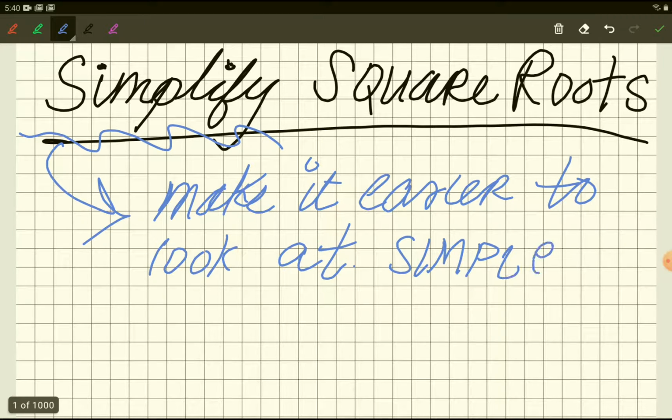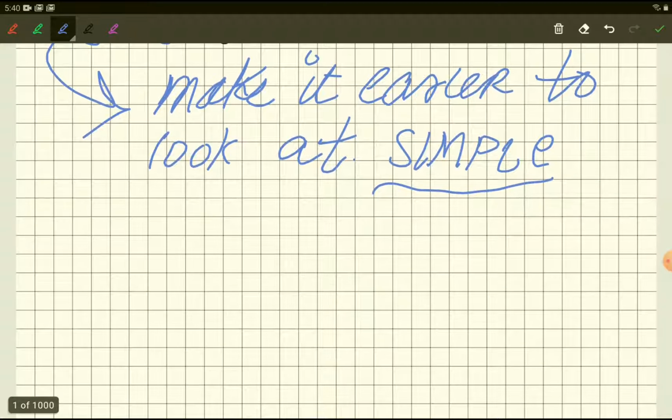So when we simplify square roots, this is what we're talking about. Say I have the square root. This is your symbol, the square root symbol. It looks a little bit like division, but it's not.